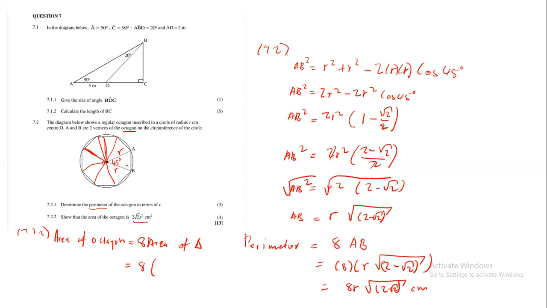Now remember, what did I say to you? I said to you, if you are given a triangle like this, whereby there is no 90 degrees in it, you're not going to use that formula that says half base multiplied by height. We know this is the formula that we use to calculate the area, but we use this formula only if the triangle has 90 degrees in it. Here, there is no 90 degrees. So we're going to use the area rule to determine the area of this triangle.